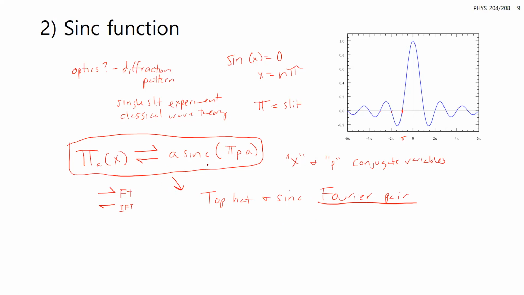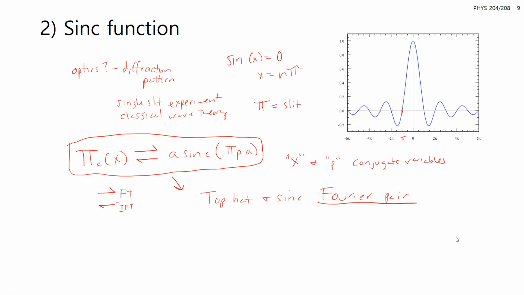So if you have a sinc function in the time domain, you'll have a top hat function in the frequency domain, or vice versa. So the top hat is always a sinc, as function number 1, and sinc is the second function there. Any questions with that derivation at all, or the concept of the Fourier pair? Okay, if not, we'll move on.